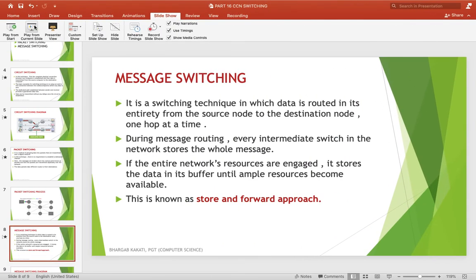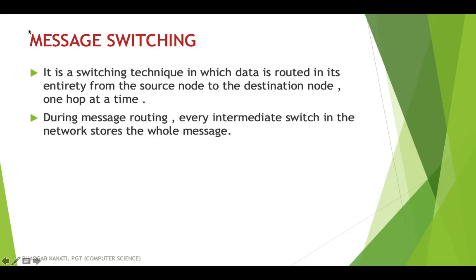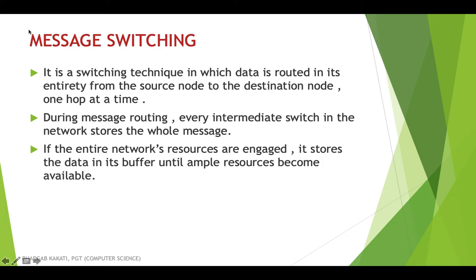So during message routing, every intermediate switch in the network stores the whole message. Whenever the message is stored, it is not broken down into different fragments. Each intermediate node stores the whole message. If the network's resources are engaged, it stores the data in its buffer until ample resources become available.